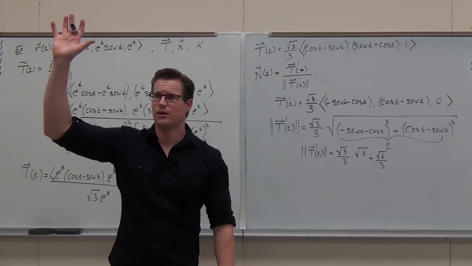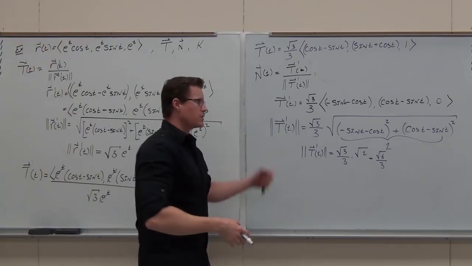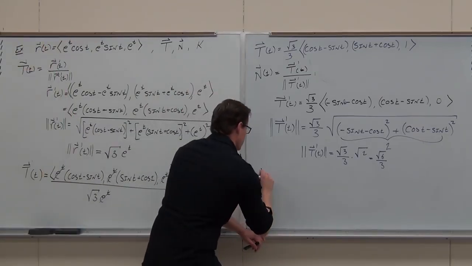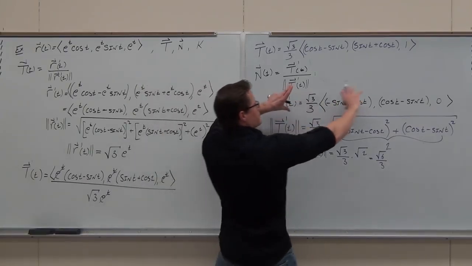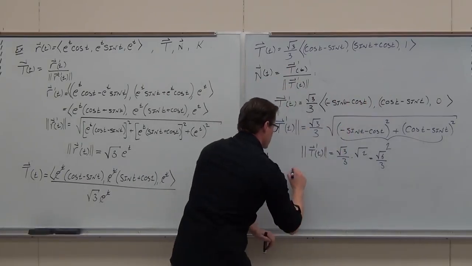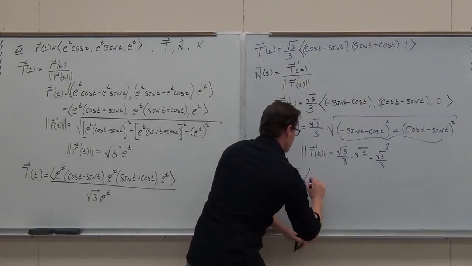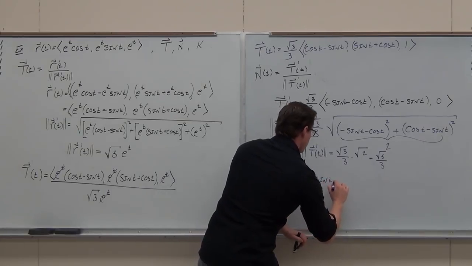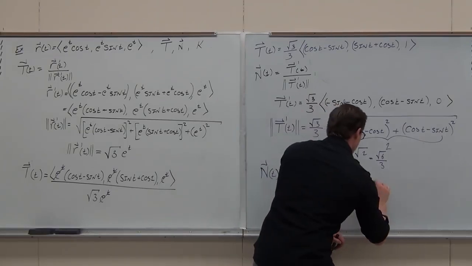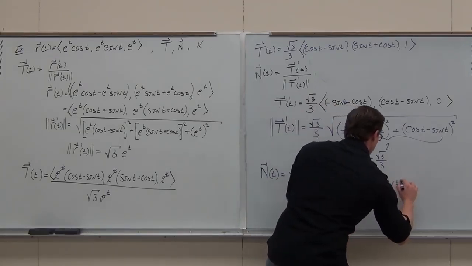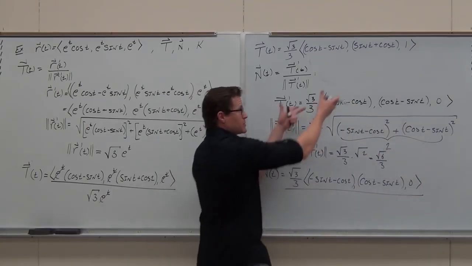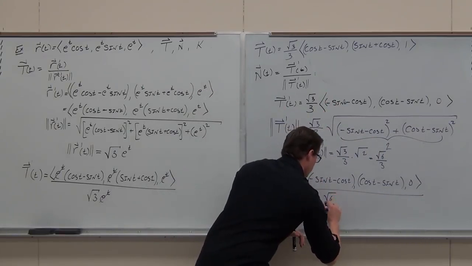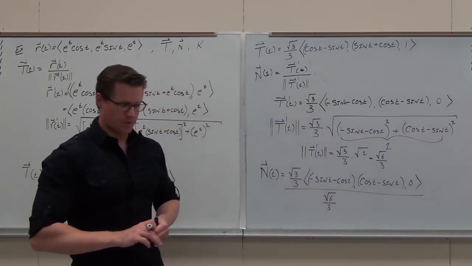Should I feel okay with that one? Do we have enough to make up the unit normal? Yes. Let's do it. The unit normal takes the derivative, the nasty part, and divides by the magnitude of that, square root of 6 over 3.